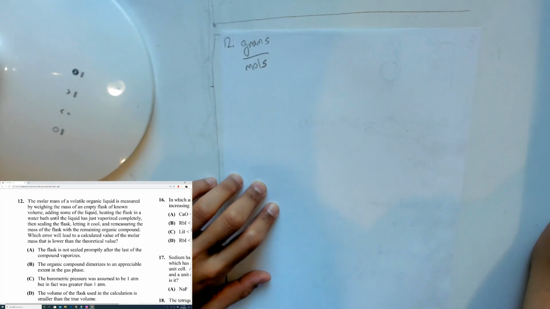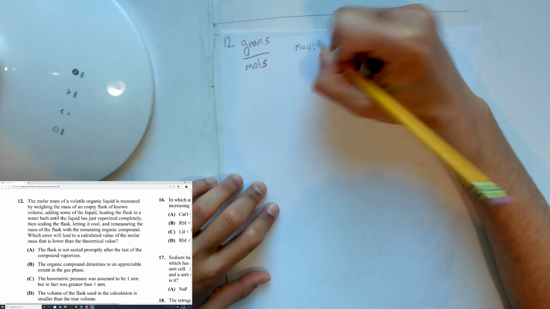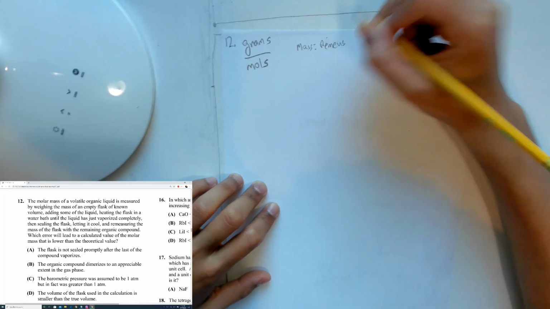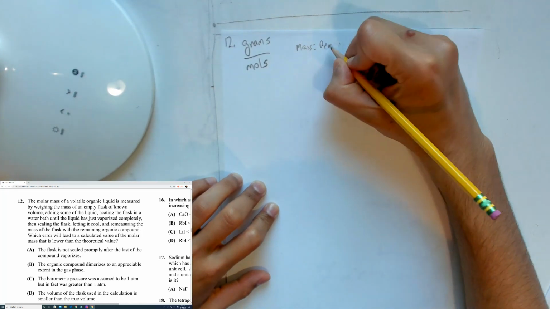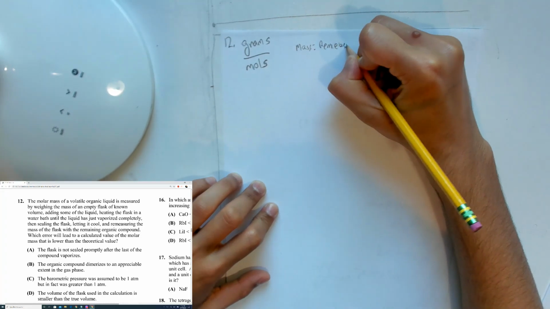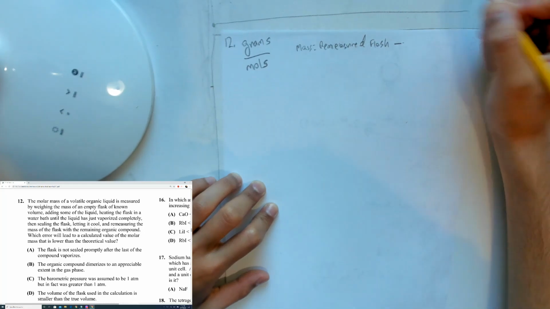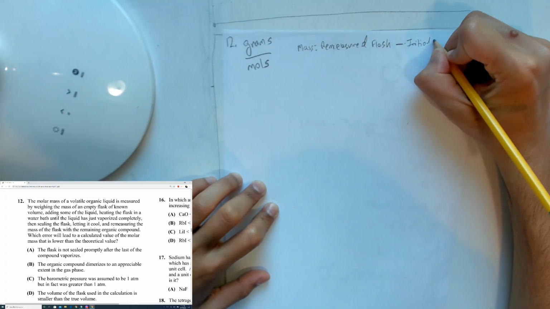So your grams is the remeasured flask minus the initial measurement.